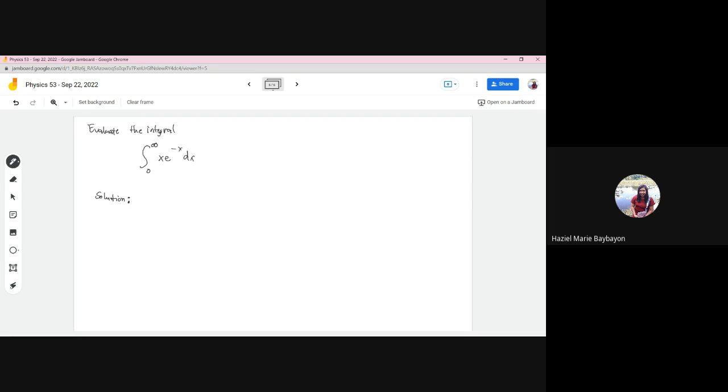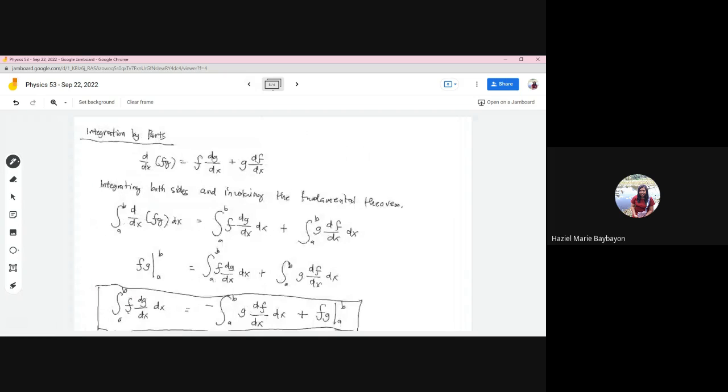Okay, so for this we have to let, in the form of integration by parts, one be equal to f and the other be equal to the derivative of g with respect to x.